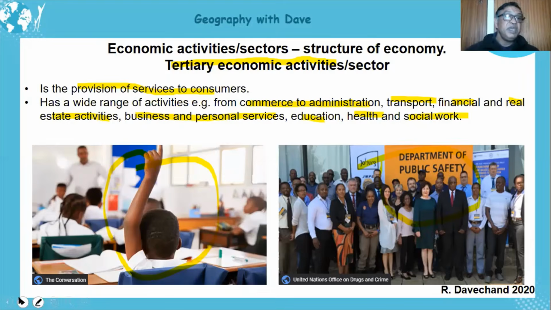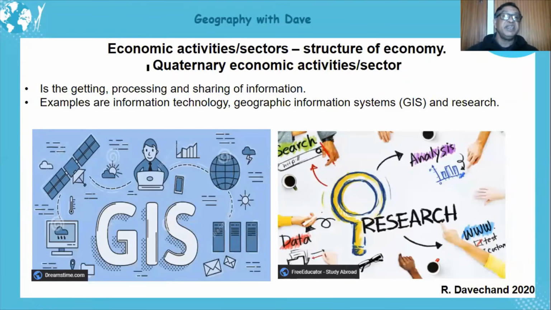Right. Then we have quaternary. Before we just had 3. As the years went by, this grew, eh? This is getting, processing, and sharing of information. All right. This is quaternary. It involves things like research, which is very important, you understand, for development.